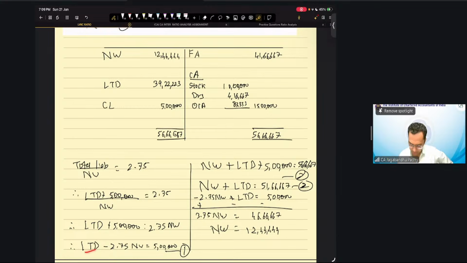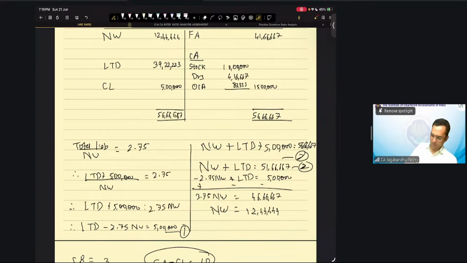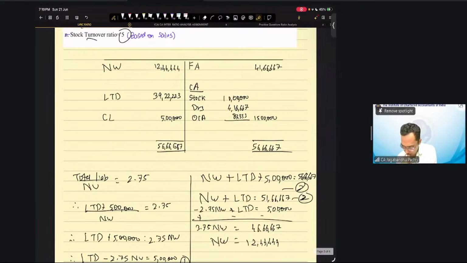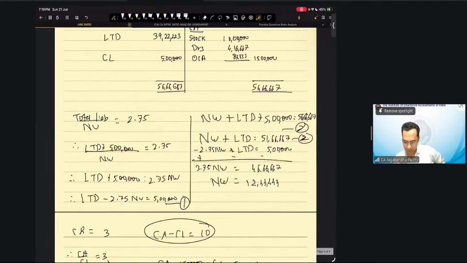And then I subtract this long-term debt, 2.75 net worth, and the 5 lakh. Then we are subtracting it. So 3.75 net worth.